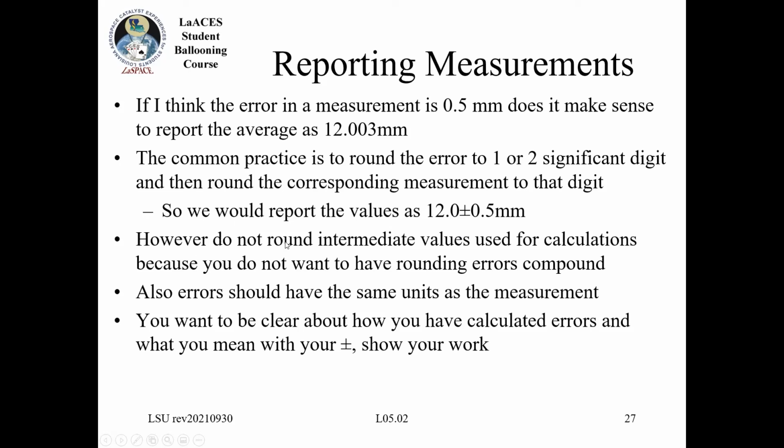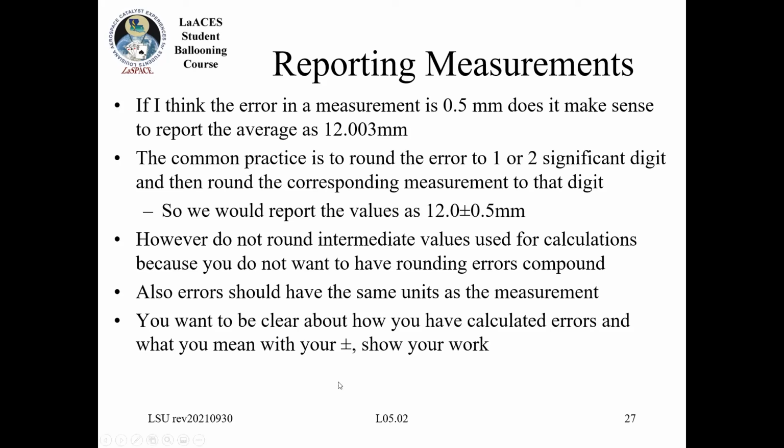One thing you want to be careful of, though, is don't round prematurely. Don't round intermediate values that you're using for calculations, because your rounding error can get bigger and bigger as if you were to round off every single step.